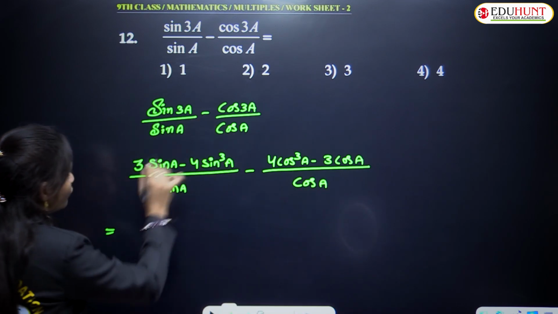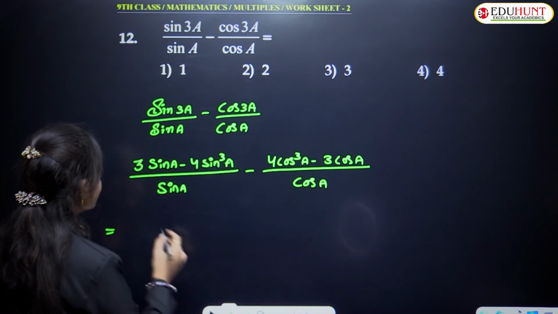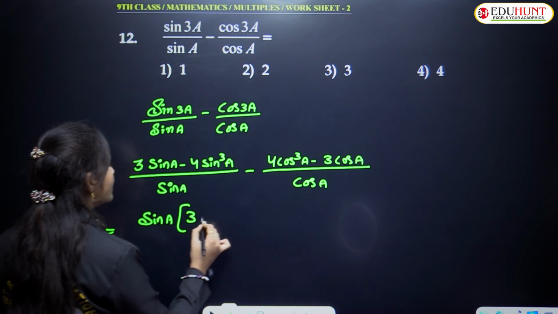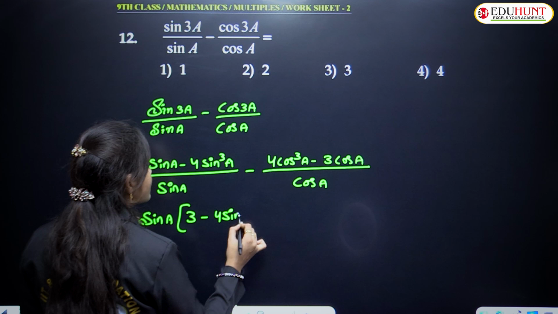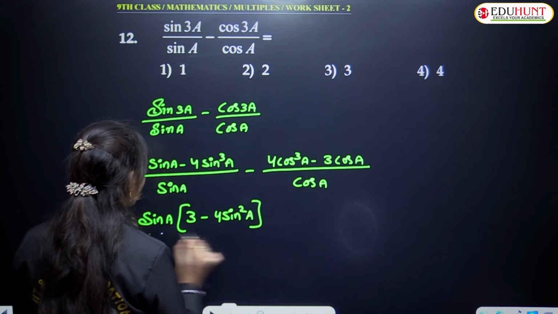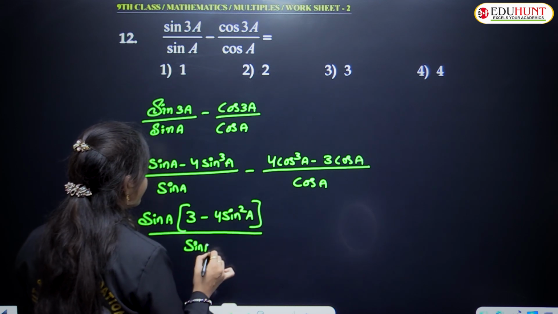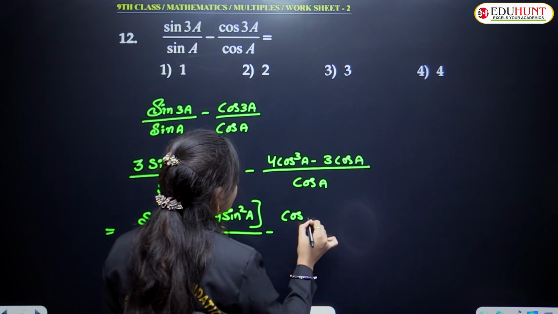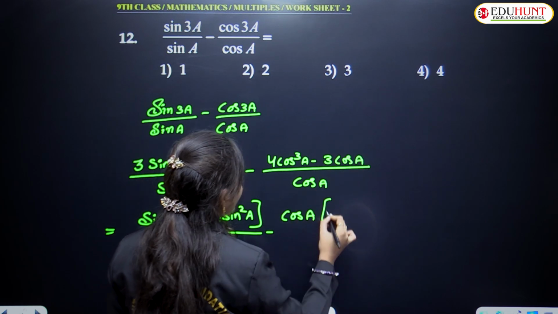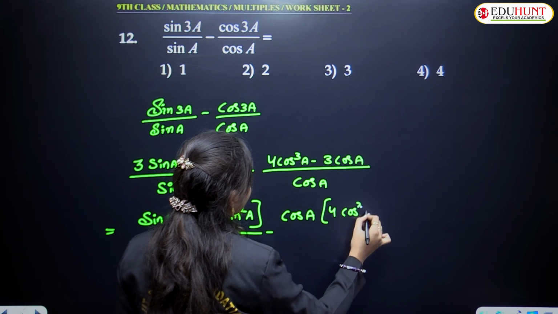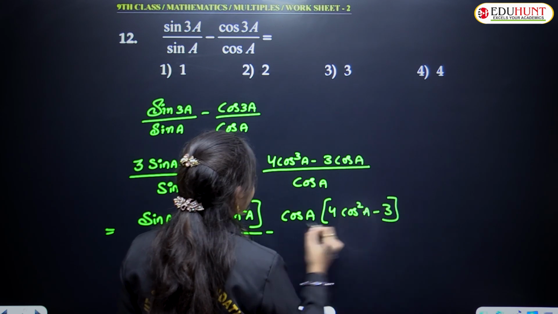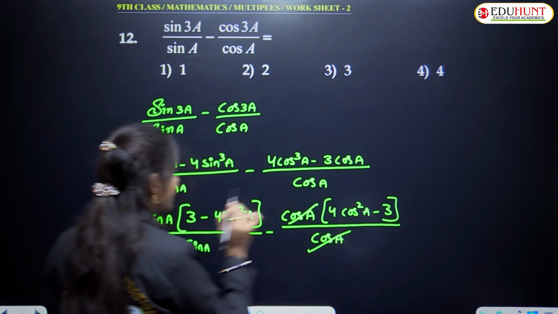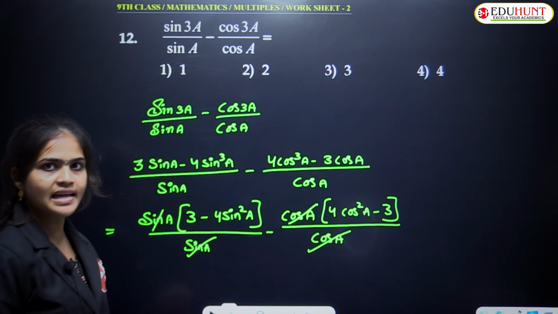Okay. Now from the numerator take sin a as common. So 3 minus 4 sin square a whole by sin a, minus, here I want to take cos a as common. So 4 cos square a minus 3 whole by cos a. Okay, cos a and cos a get cancelled, sin a and sin a get cancelled.